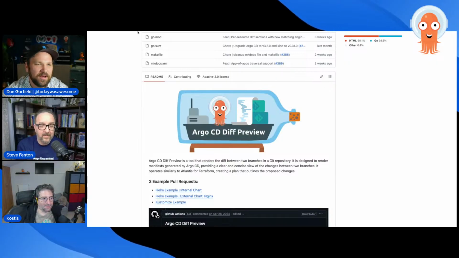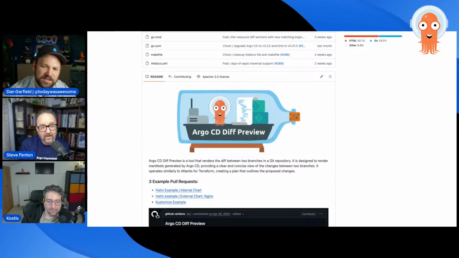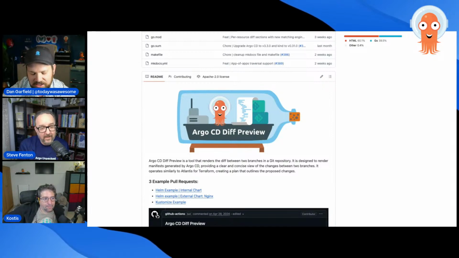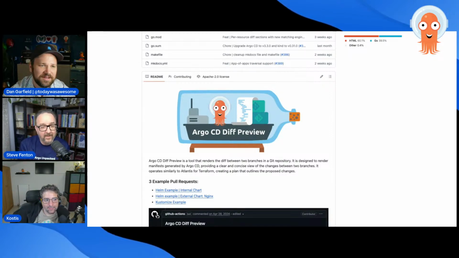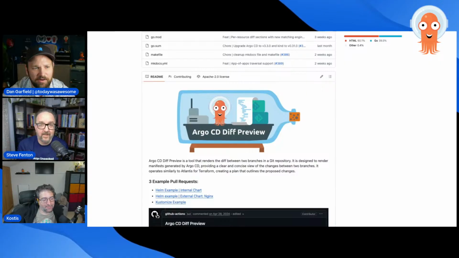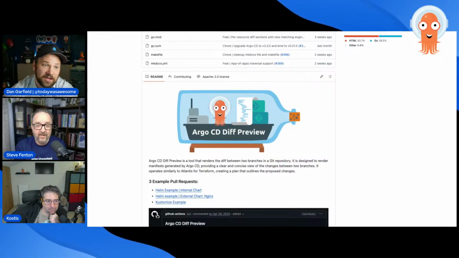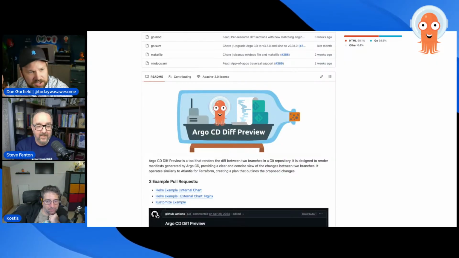But anyway, I would also say, as part of my linting process, I always do a dry run apply, and I do that locally on my own machine against an Argo CD instance, or ideally against the target instance, like a staging instance or a dev instance.